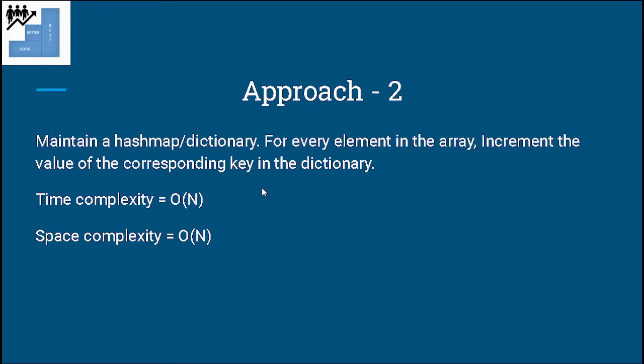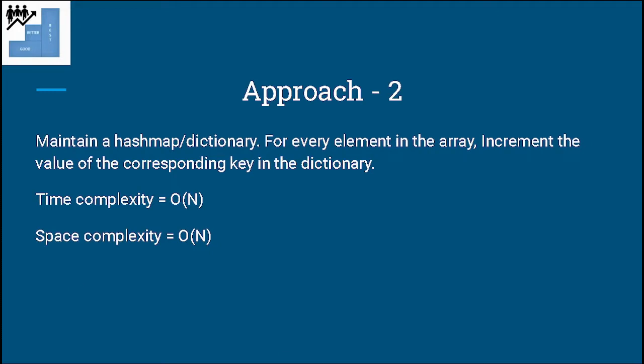In this approach, we'll have a hash map in which we'll store all the elements as keys and their frequencies as values of the key. To begin with, all these values will be initialized to 0. We'll then simply iterate over the array, and for each element that occurs in the array, we'll increment the value of its key in the dictionary.